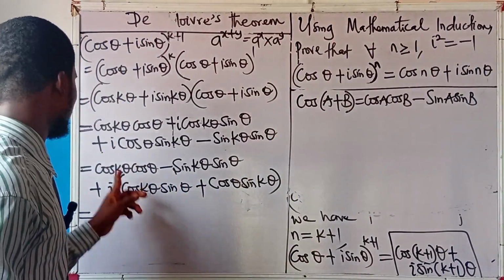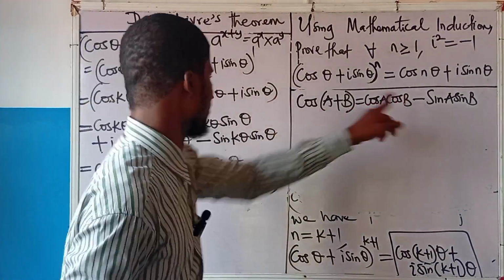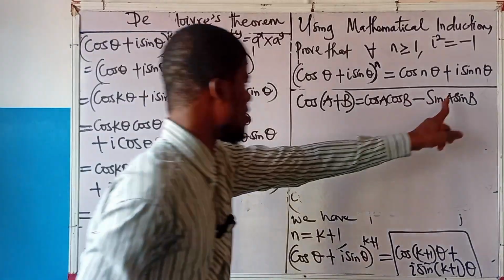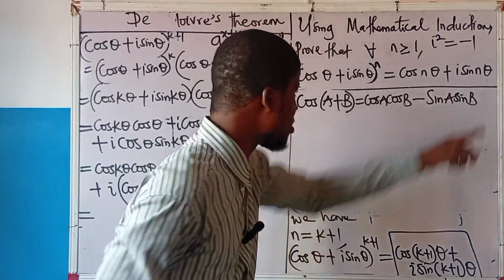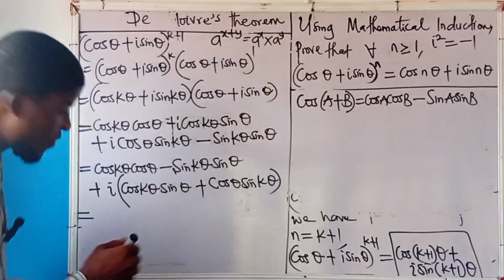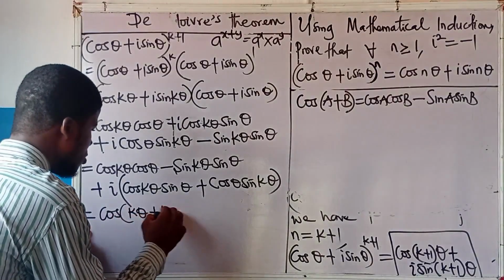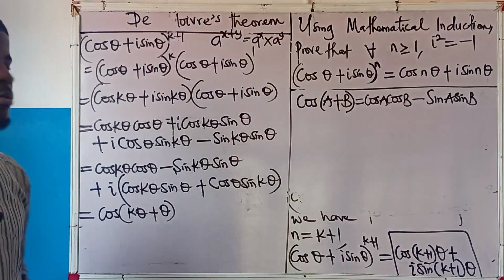So if I say k theta is A, theta is B, that means this very expression satisfies cos k theta plus theta. True or false? Yes.